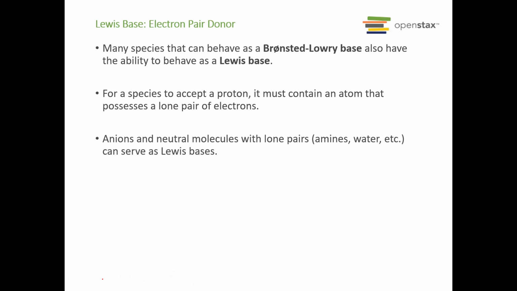If we look at the Lewis definition and the Bronsted-Lowry definition of bases, a lot of things that can be a Bronsted-Lowry base can also be a Lewis base. For a species to be able to accept a proton, which is the Bronsted-Lowry definition, it also has to have a lone pair of electrons. So for example, if we put ammonia in water, we know that we get NH4 positive and OH negative.